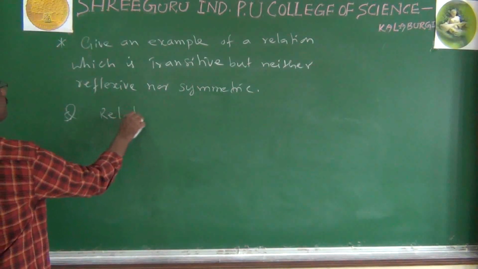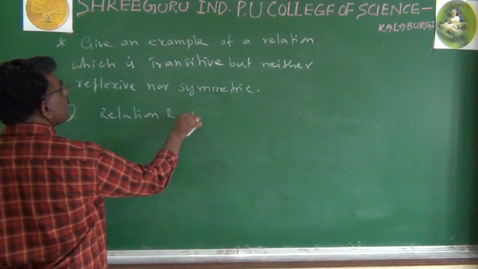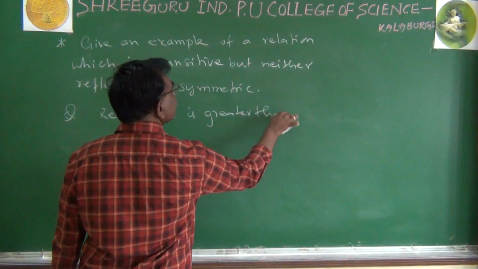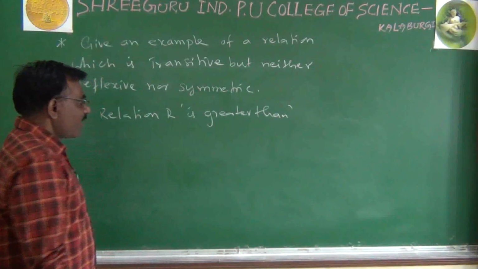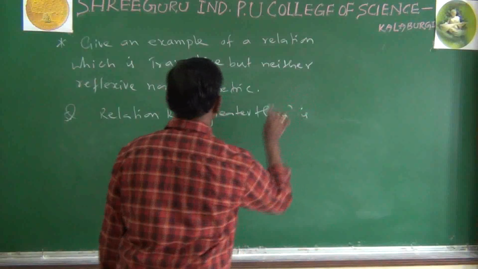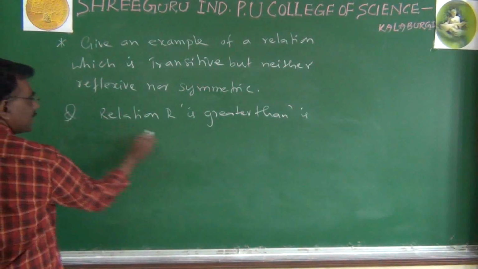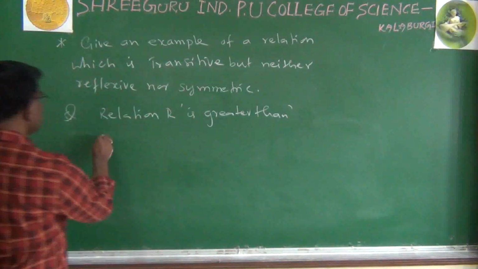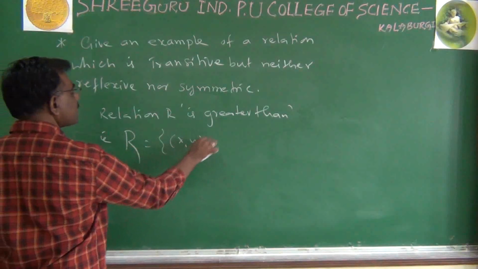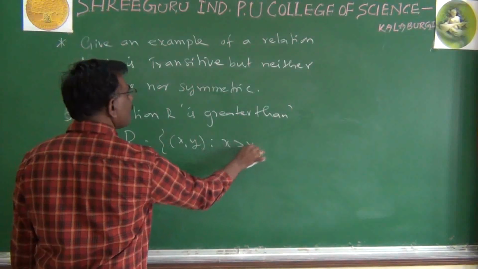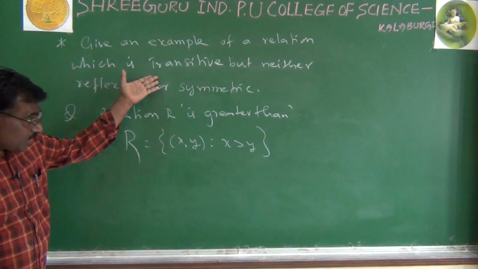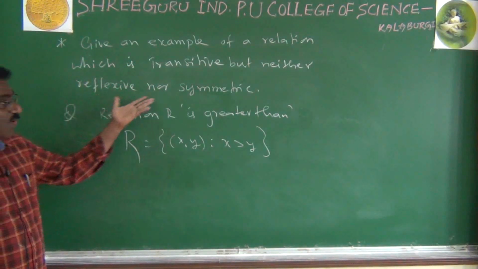Relation R is greater than. Relation R is greater than, which is transitive. That is R equal to {(x, y) such that x greater than y}, is transitive but neither reflexive nor symmetric.